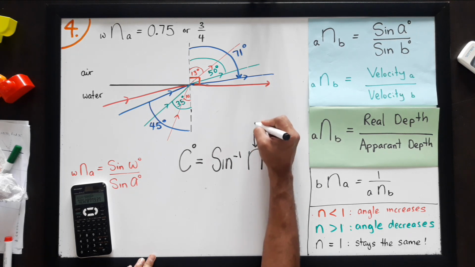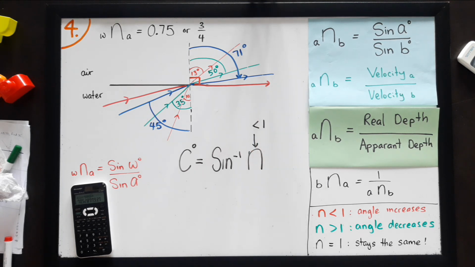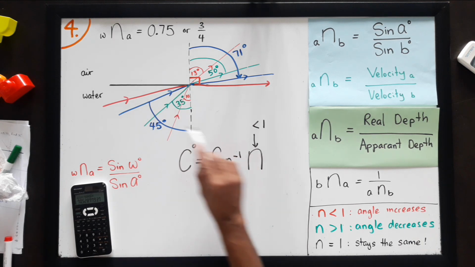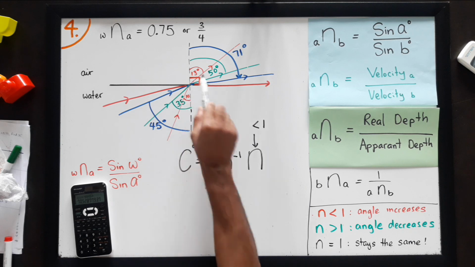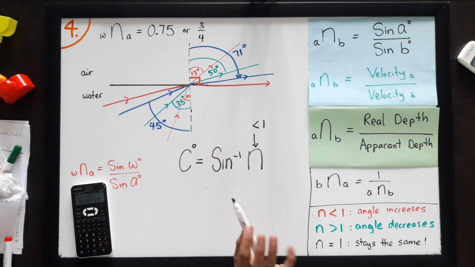But this refractive index has to be less than 1. Right? So, in other words, it has to be going from the more dense medium to the less dense, from water to air. A critical angle can only happen if the refractive index is less than 1. If the refractive index is more than 1, you cannot have a critical angle.